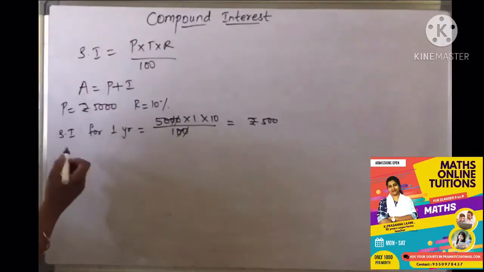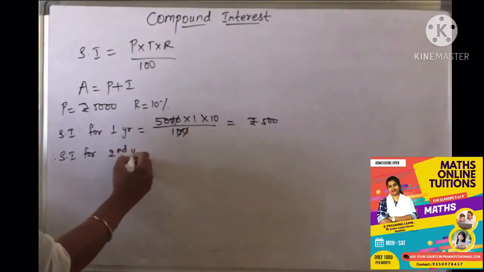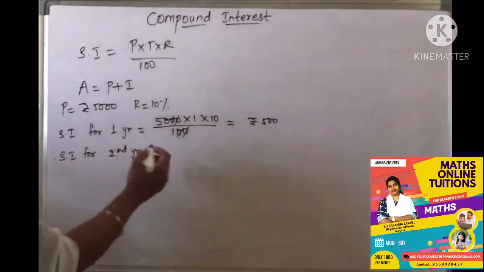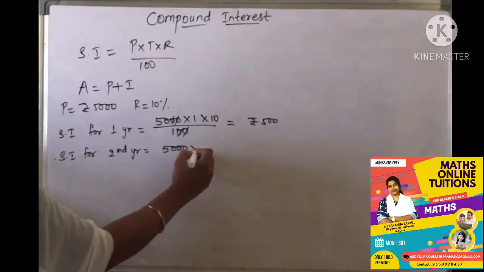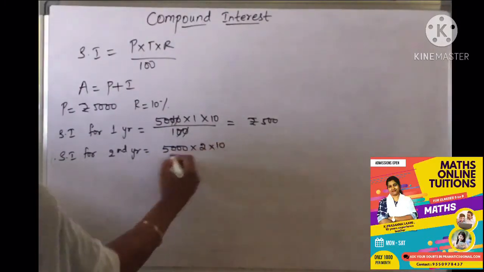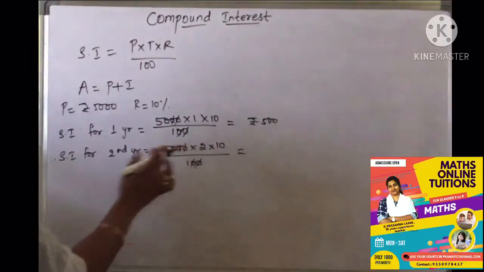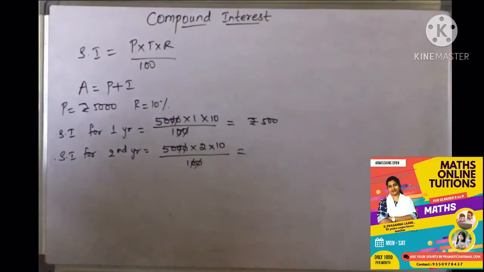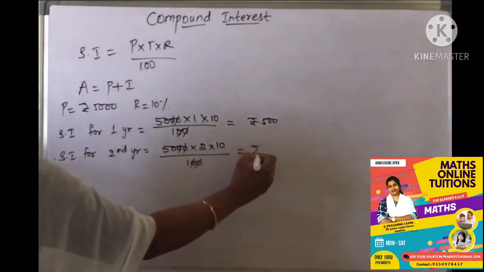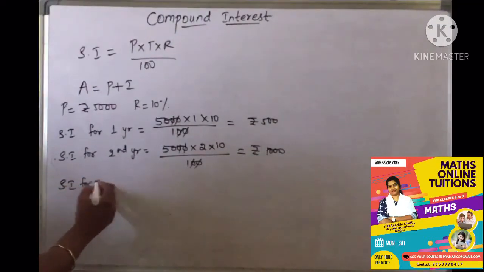Now we will find the simple interest for the second year. 5,000 into time period 2 years and rate of interest 10 by 100. When we cancel here, how much, children? 5 twos are 10, so 100 into 10, that is rupees 1000. Now suppose simple interest for the third year.